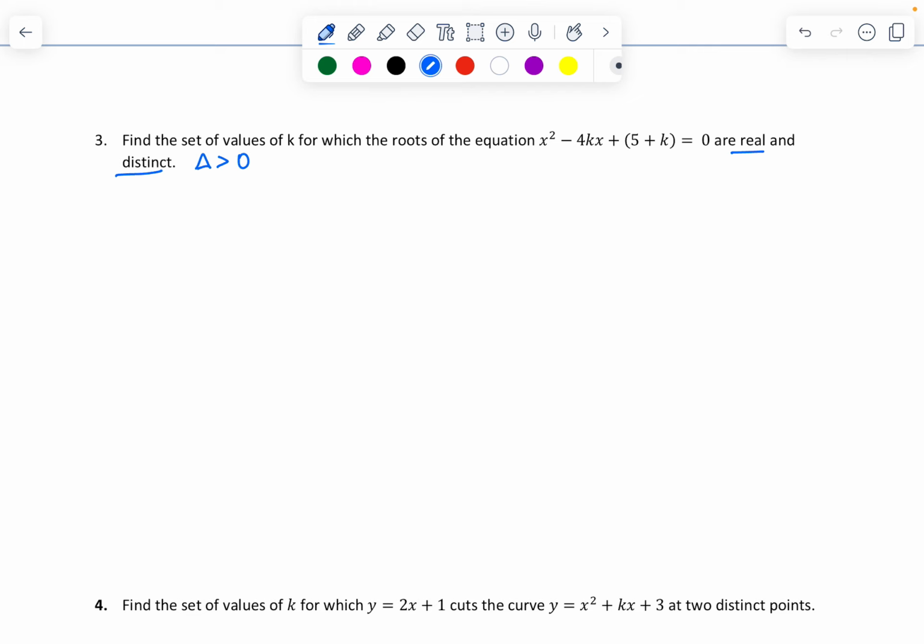So we have to identify what is A. So this is A, this is B, and this is C. First, let us find the critical values, then we will use the discriminant. So the discriminant is B square minus 4AC, 4 times 1 times (5 plus k). So negative 4k square is 16k square minus 20k.